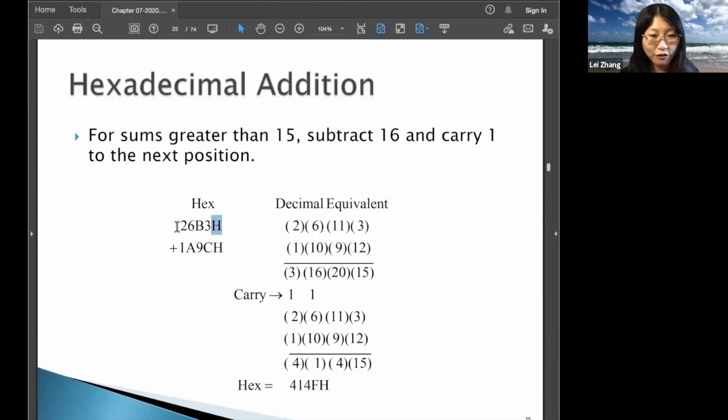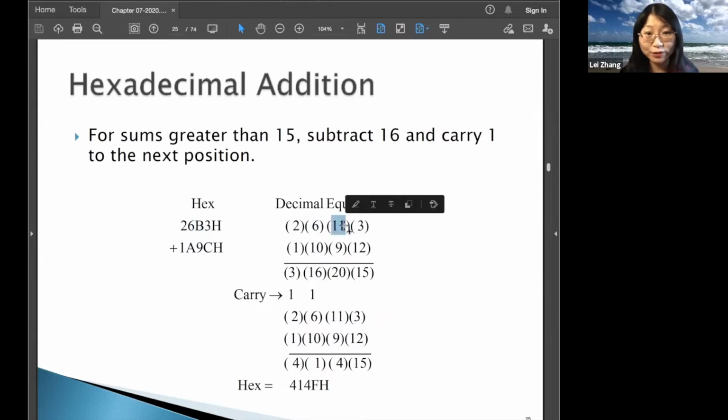So the first step is to convert every digit into its corresponding decimal value. 2 and 6 we don't need to convert, we just move them here. 3 is also just moved over. And this B is decimal 11.